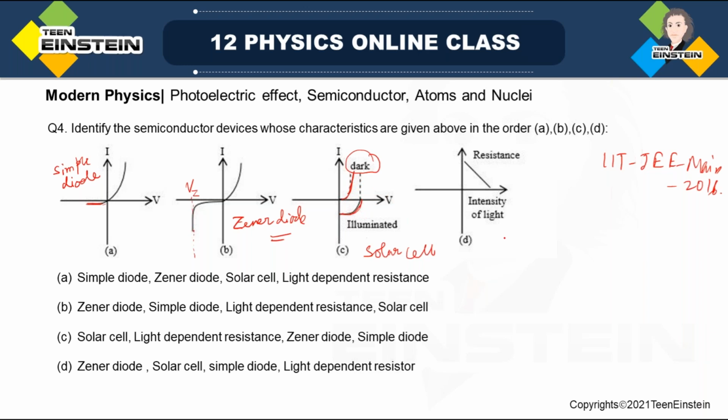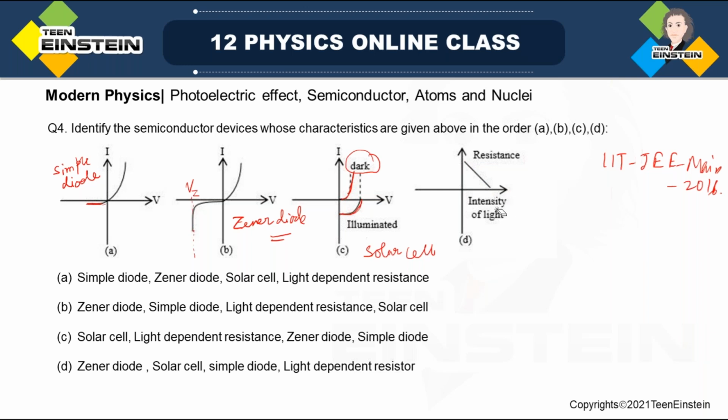Now this one is obviously light dependent resistor. You can see as the light intensity increases, the resistance decreases. So here this is for light dependent resistor.